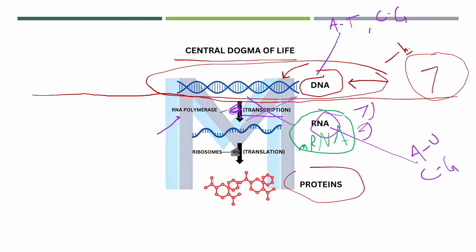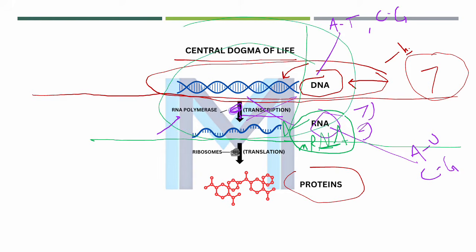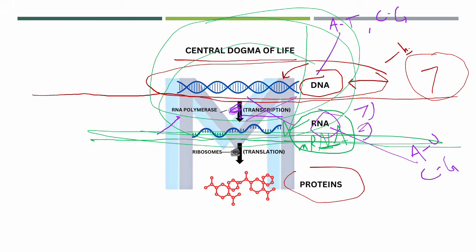Now, this processed mRNA leaves the nucleus and enters into the cytoplasm. And this is where translation starts. So up till this point, we were in the nucleus of the cell. Now we're in the cytoplasm.